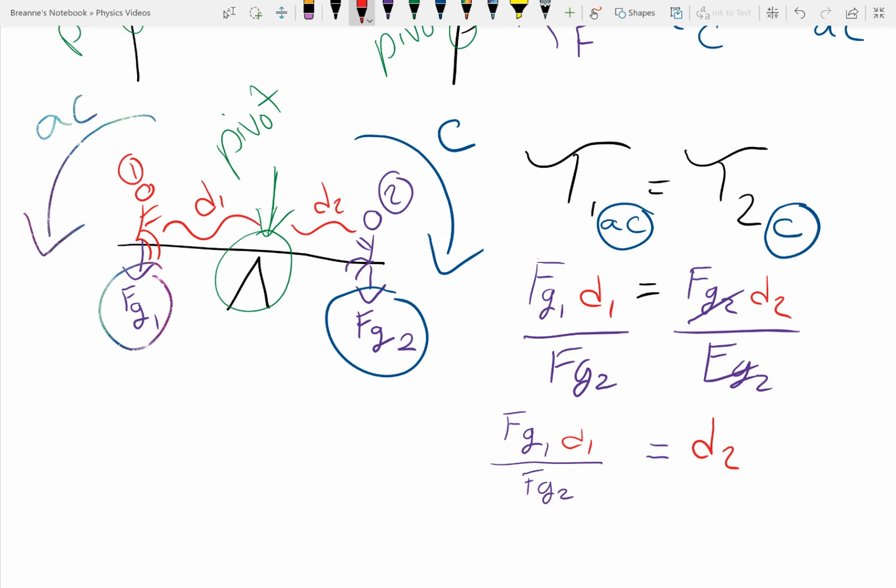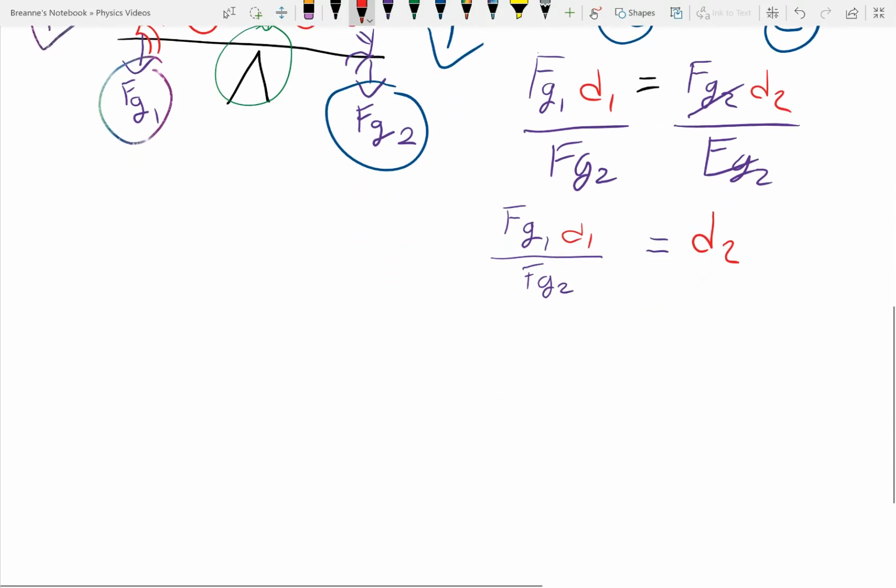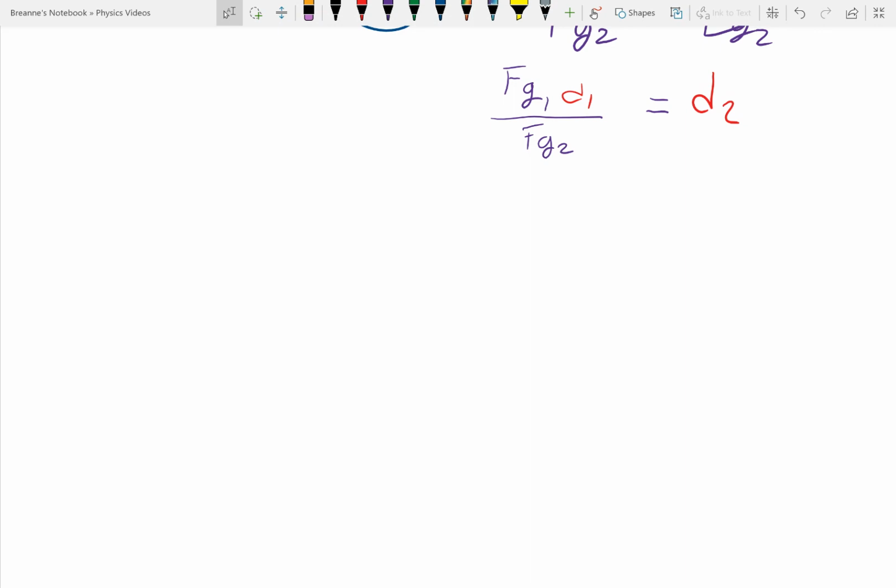Once you get what's making it rotate one side and what's making it rotate the other, you have this set up. So your main equation is, you look at your two torques, you set them equal to each other, which one's making it go clockwise, which one's causing it to go counterclockwise or anti-clockwise, and then set it up.